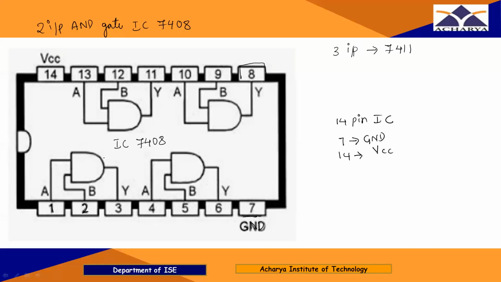Right? So here, how many gates are there? Just observe. Pin number 1 is the first input of the first AND gate. So how many gates are there? 1, 2, 3 and 4. Right? In that, pin number 1 and pin number 2 are the inputs to the first AND gate and pin number 3 is the output.